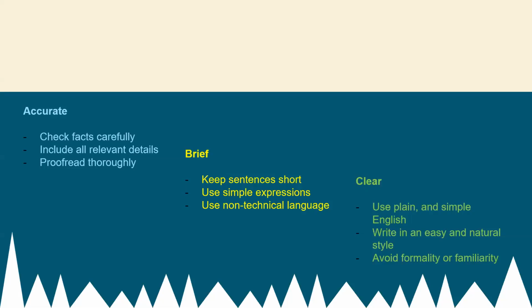It means you need to use plain and simple English. You need to write in an easy and natural style. You don't need to have too many unnecessary sentences or unnecessary information. Then you need to avoid formality and familiarity. So A, B, C.